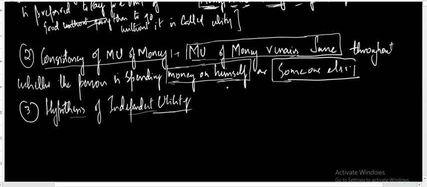It says that the utility or the satisfaction of two goods are independent of each other. So this theory says that the utility derived by a person from different types of goods is simply the sum total of individual utilities.